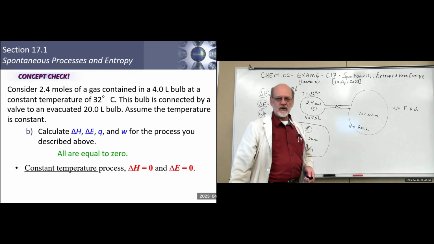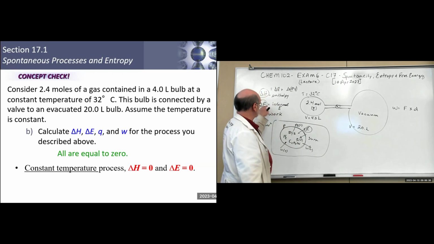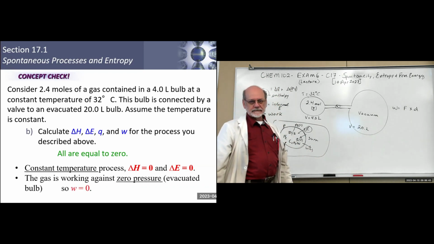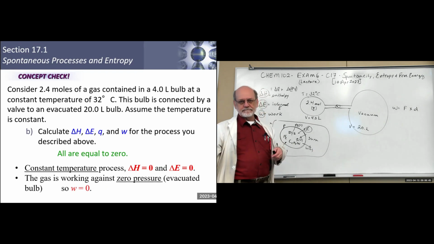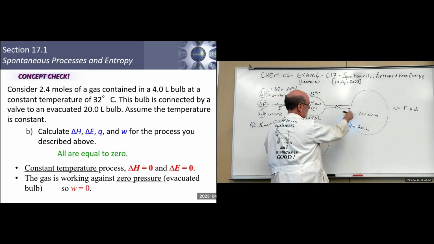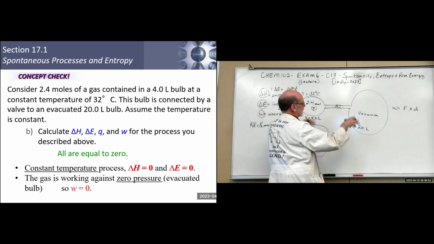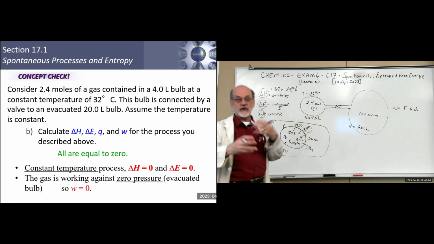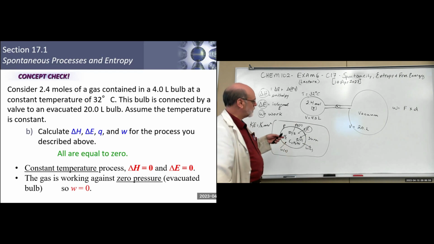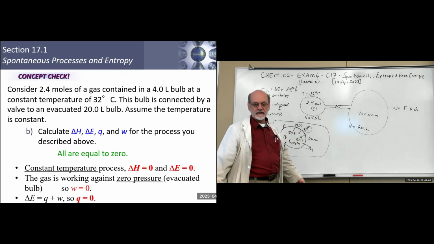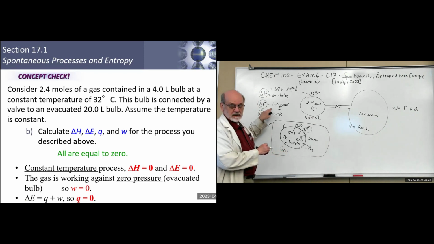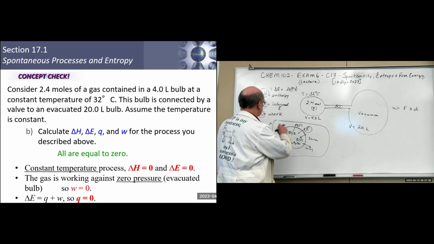So the constant temperature process means that change in energy and change in enthalpy are 0. There's no pressure against which we're working, because this is a vacuum. Right? So when the gas moves, we're not working against a pressure. This is another way of explaining, hopefully better than I did. So there was no work done. And oh, I did leave this one off.